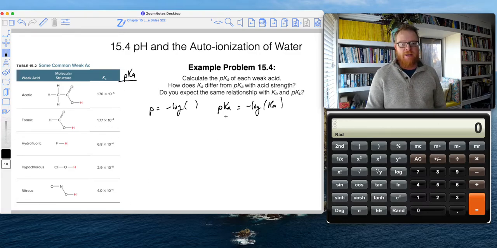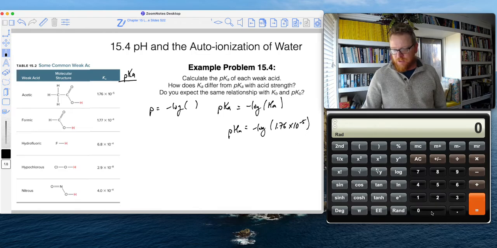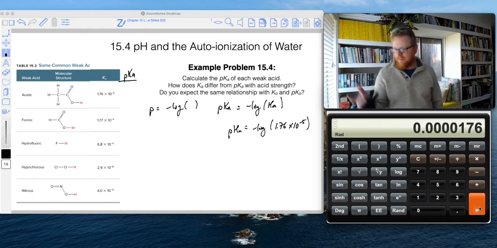Okay, so I'll demonstrate how I do that with just the first one. If I wanted to convert this 1.76 times 10 to the negative 5, the Ka, into a pKa, I simply take the negative log of 1.76 times 10 to the negative 5 for acetic acid. So on my calculator here, I'll enter 1.76 E negative 5, which is how I have to put that in this calculator.